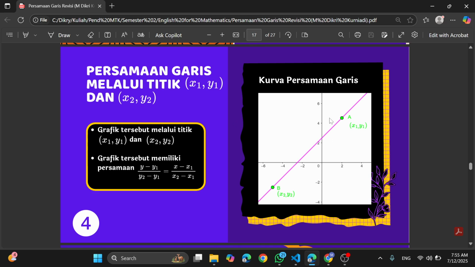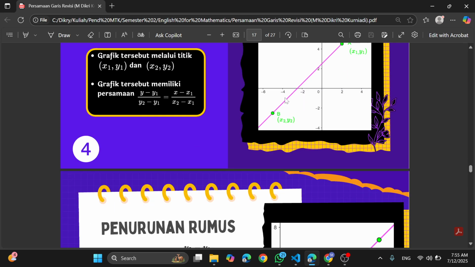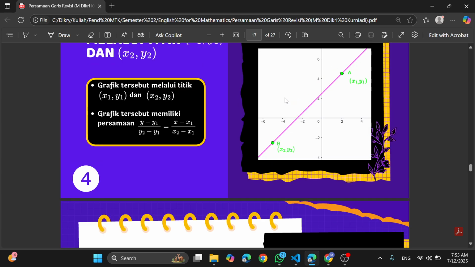You can see this is point x2, y2 and this is point x1, y1. The line is passing through the points.